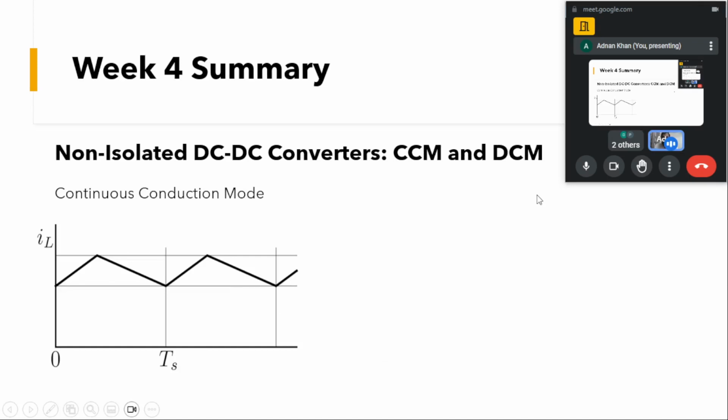Another thing we see in these DC-DC converters is the continuous conduction mode and discontinuous conduction mode. Continuous conduction mode is like, if this is the current that is flowing, you see my current is continuous, and at no moment of time does my current go to zero, the current doesn't break.